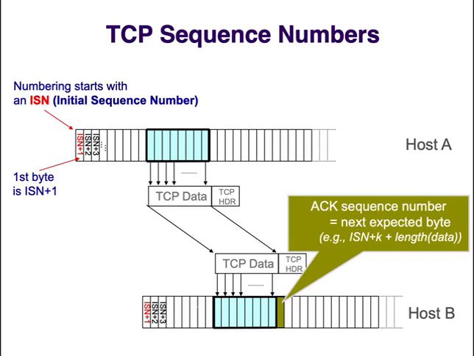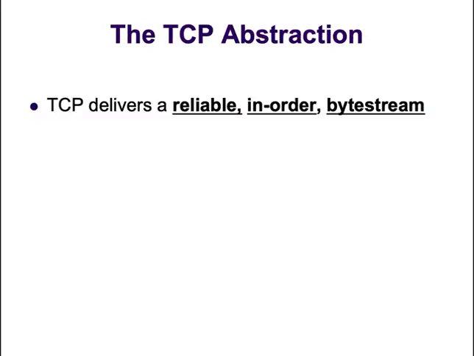It's because if this was ISN plus K, and the number of bytes in this segment was length of data, then the next byte that is expected is ISN plus K plus the length of data. That's the first unacknowledged byte at the receiver. Does that make sense? Okay, so that's our reliable in-order byte stream.